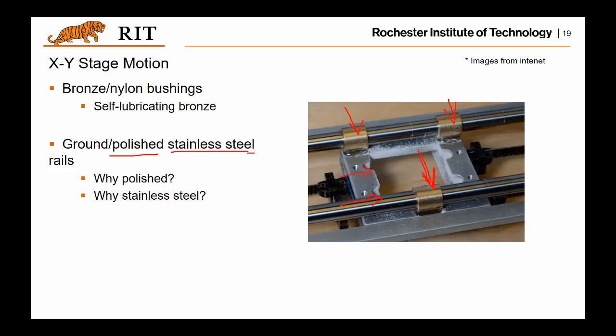This is the motion part, and it will move along the rail, and this is already the self-lubricating part. You want to prevent any dirt or stain there, and that's the requirement to make sure this motion is successful.